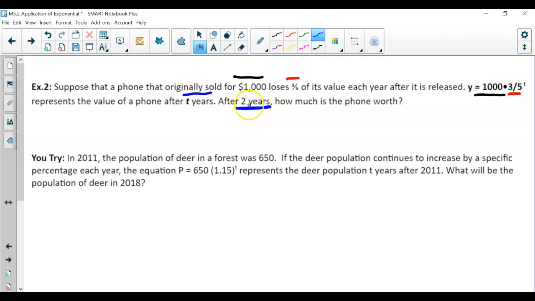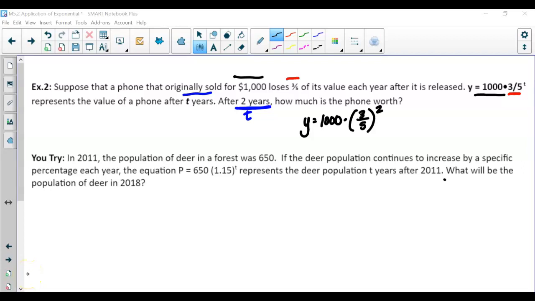After 2 years, how much is the phone worth? So now 2 is our t. So again, y is equal to 1,000 times, so again, practice putting in the calculator, that is 3/5 to the second power. So if you need to, pause the video just to try and put this in your calculator.